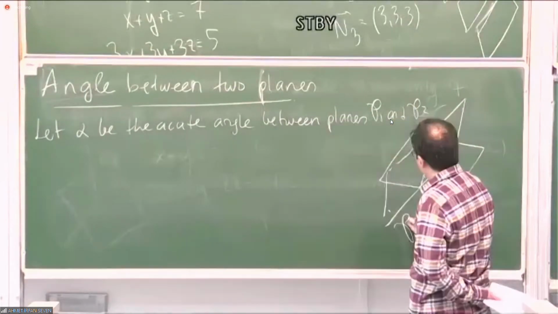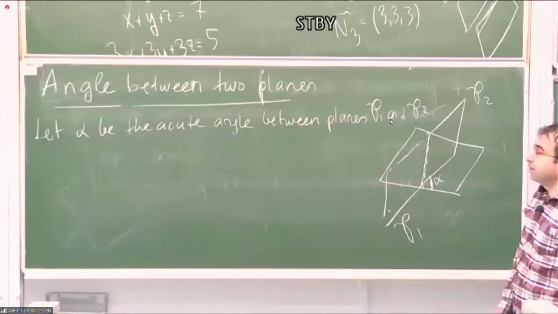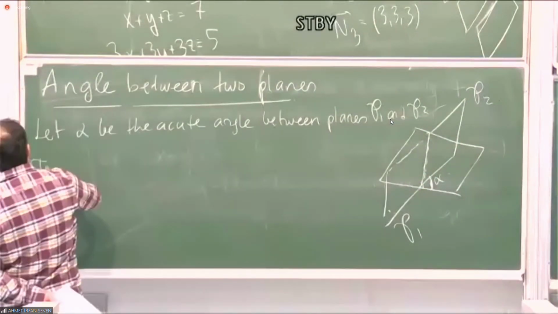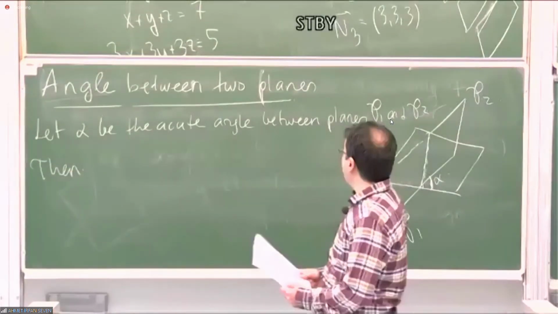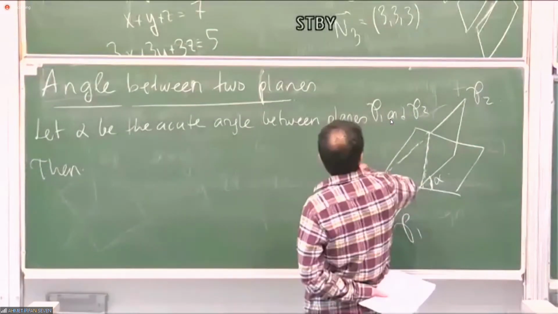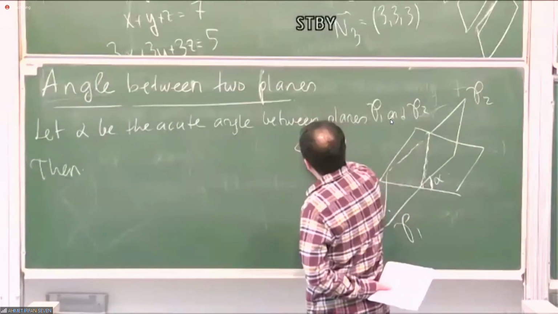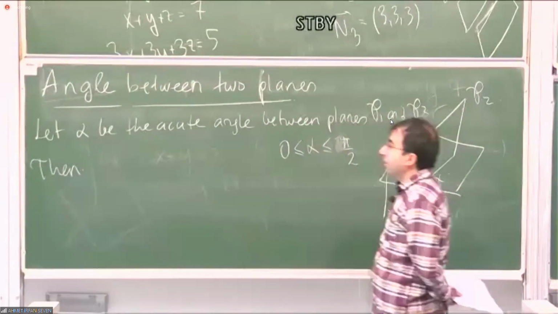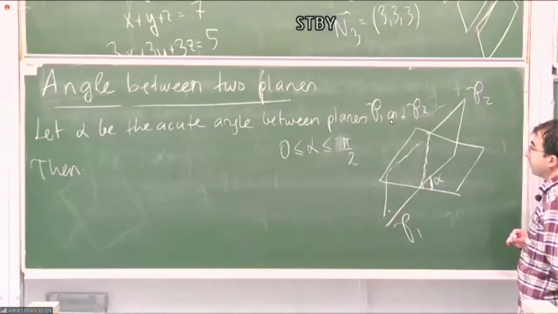So this is P2, P1. This is P2. All right. Then this angle alpha is an acute angle, so it will be between 0 and pi over 2. So let me write here, alpha between 0 and pi over 2.